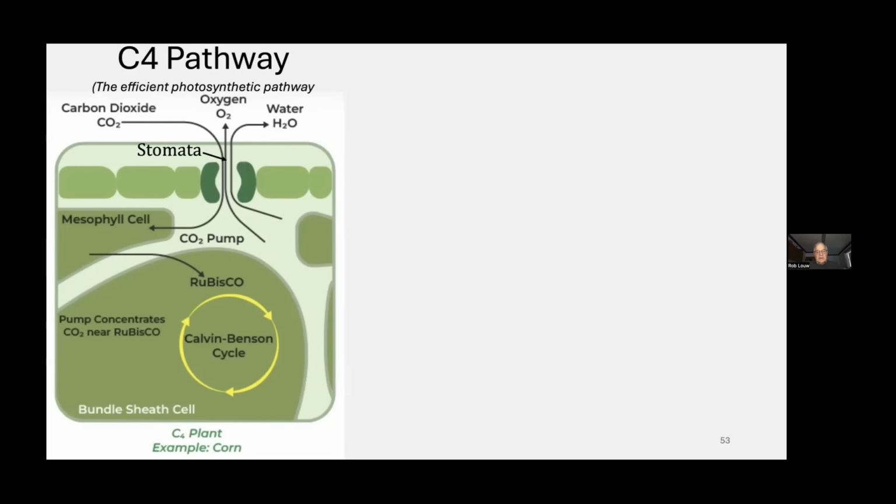Let's have a look at the C4 pathway. And this is the efficient pathway, and as you can see, the carbon dioxide doesn't go straight into the Rubisco. In such a cell, the plant is acting cleverly to keep oxygen away from the Rubisco and pump in carbon dioxide so that it reacts with it.